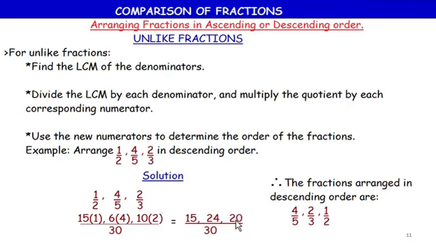What fraction is represented by 20? It is 2 over 3. So the next fraction becomes 2 over 3. And then the least is what? 15, which is represented by 1 over 2. So the next fraction becomes 1 over 2. So in arranging, we have 4 over 5, 2 over 3, and then 1 over 2, right?